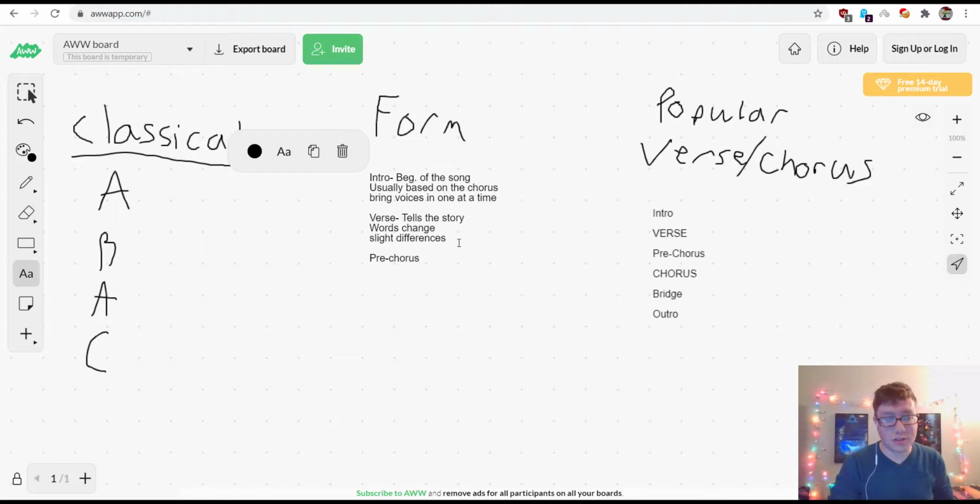Next we have the pre-chorus. Put simply, this just leads into the chorus. So it's something that leads into the chorus. It's something that is also repeated. Usually there's no differences in each pre-chorus to pre-chorus.